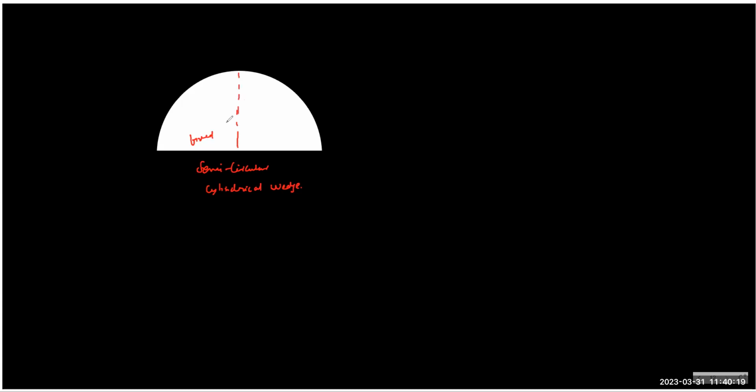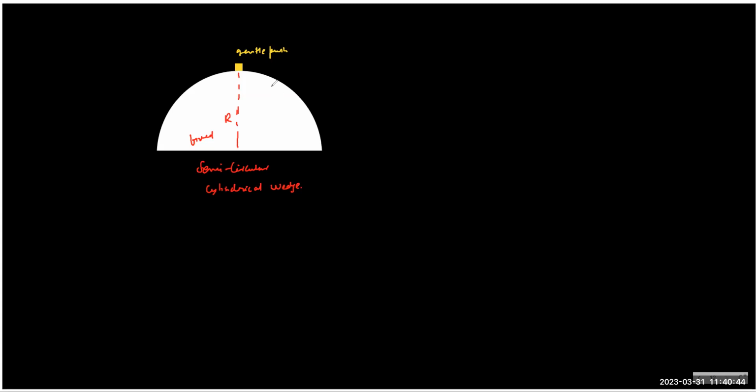Radius is R. And a tiny block, ignoring the dimension, is given a gentle push. Because if I don't give a gentle push, it will not start sliding, right? So if you slide slightly, it will start slipping down, correct?